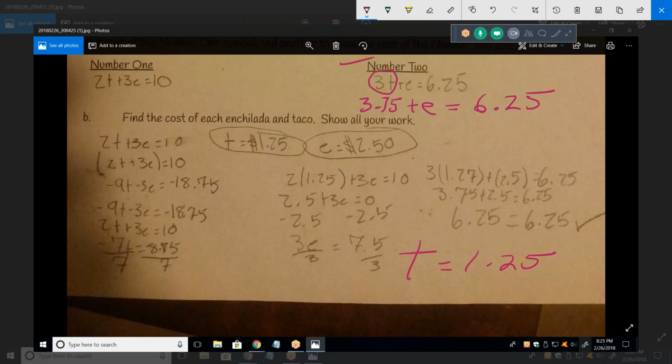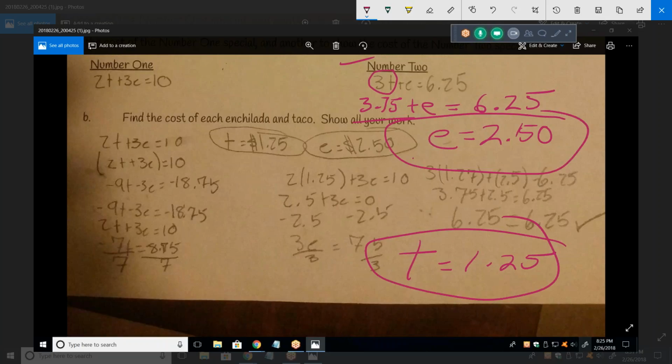Now you just got to subtract that 3.75, so e becomes $2.50. And there you have it. Tacos are $1.25, enchiladas are $2.50.